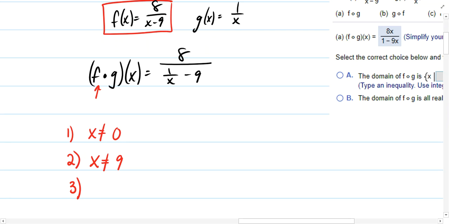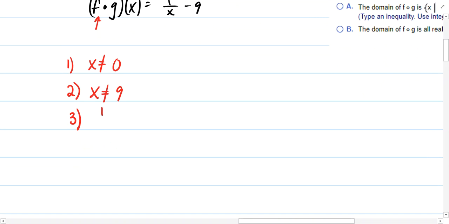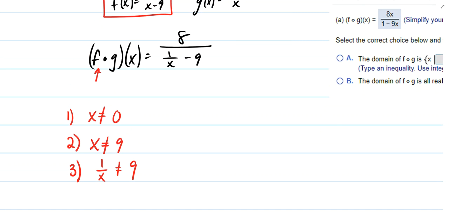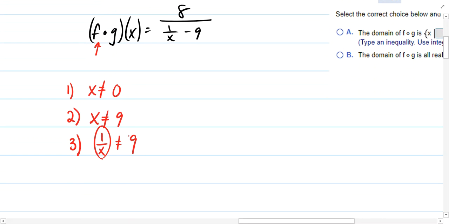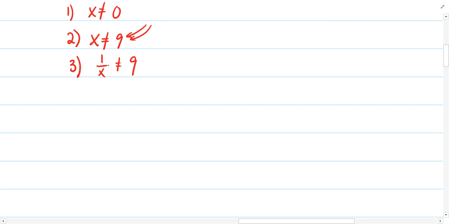So for step 3, when we set our inner function not equal to our restriction of the outer function, we're going to say that we don't ever want the inner function, 1 over x, to ever equal the restriction on the outer function. So 1 over x cannot equal the restriction that we identified here in step 2. So if I had an equation that I had to solve for x, there are a couple different ways we can go about this.